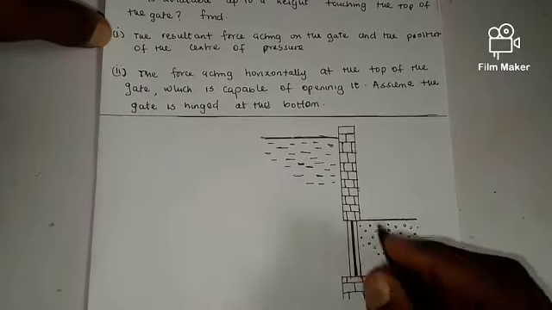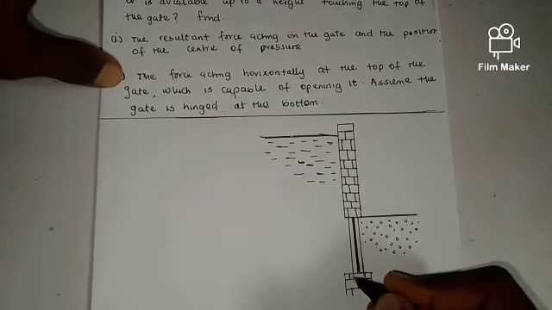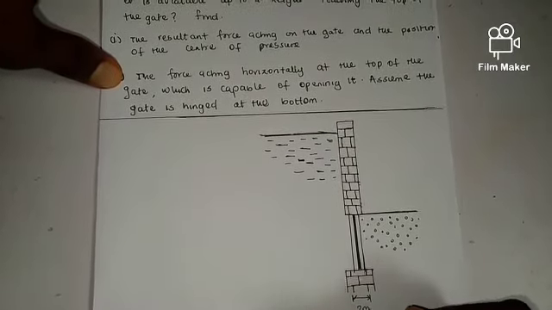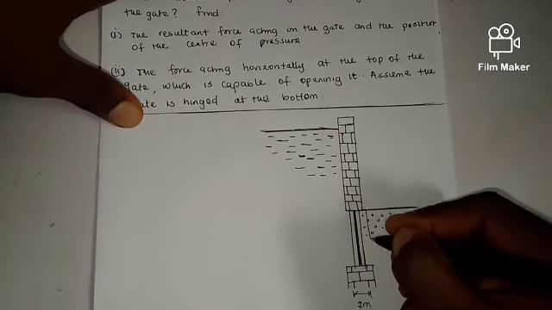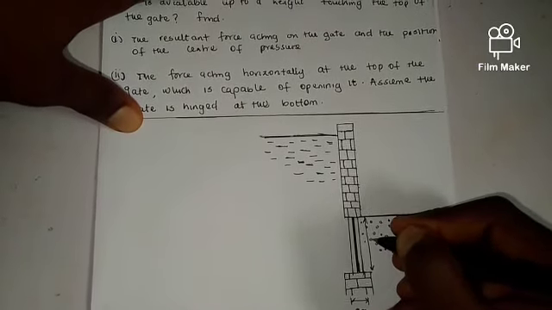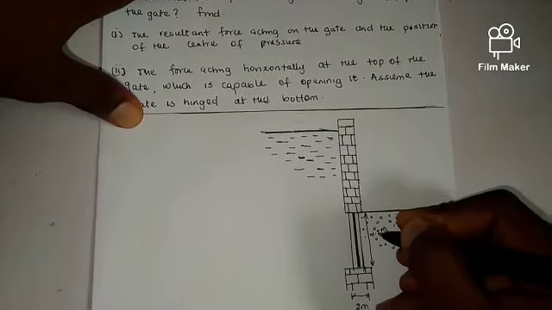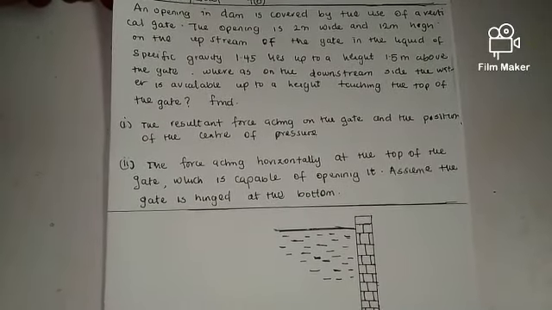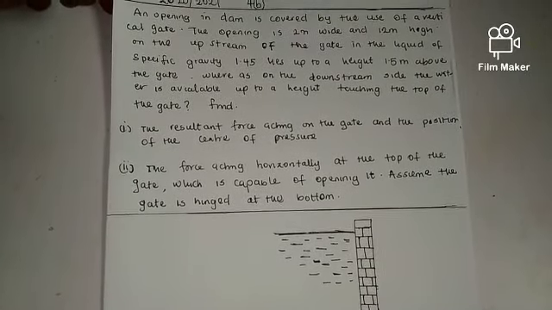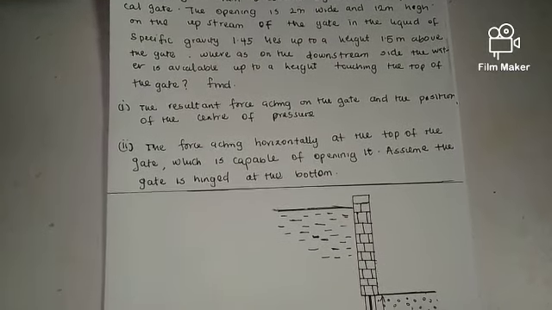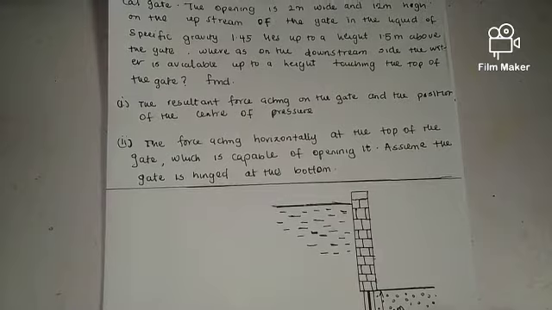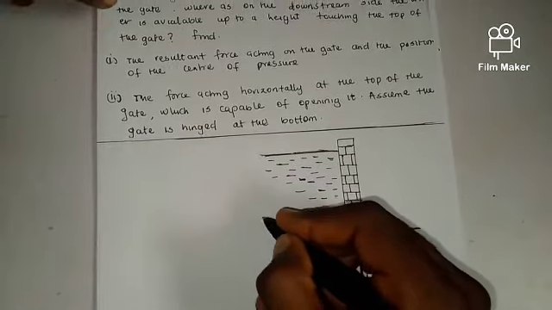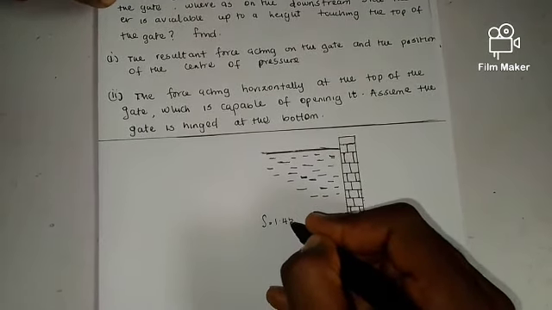Since the gate is used to cover this particular opening, let's call it 2 meters wide and 1.2 meters high. Now they said on the upstream of the gate, the liquid of specific gravity 1.45 lies up to a height of 1.5 meters above the gate. So basically this is the gate, and this liquid is of specific gravity 1.45.